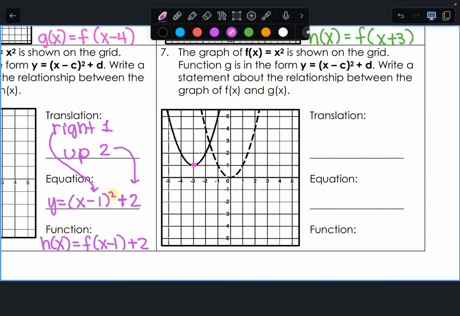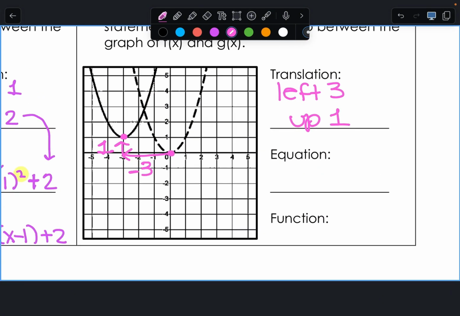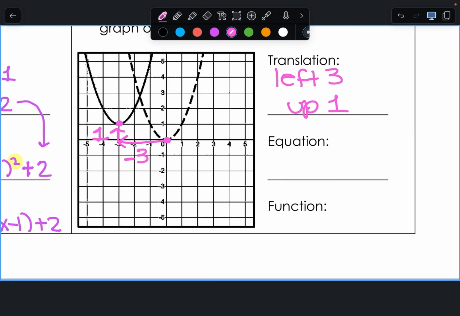Number 7. Describe left and right first. Which way did we go? Left 3. And then up 1. Is it -3? It will make it -3, correct. Ready? All right, we can go ahead and put a negative over here too.